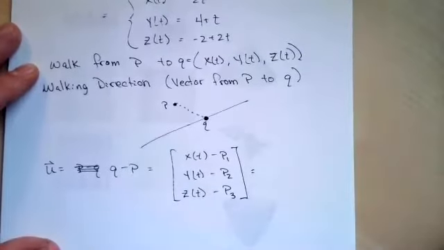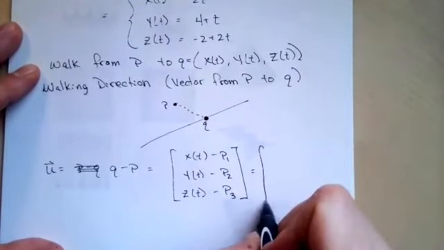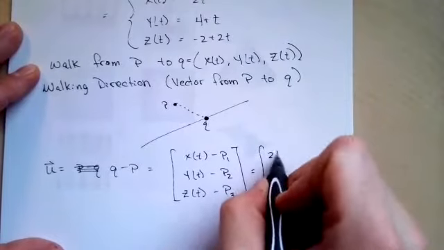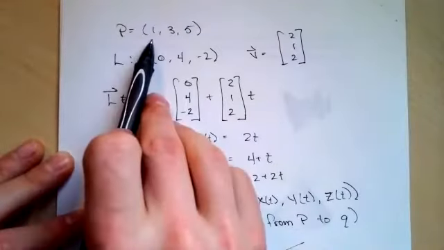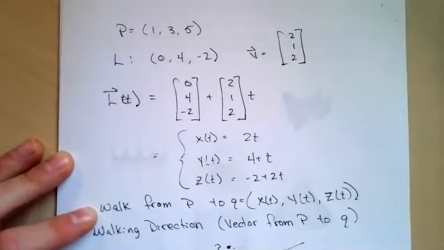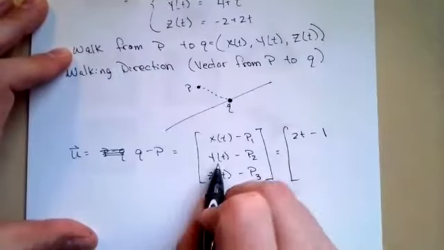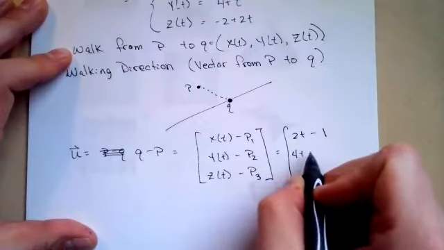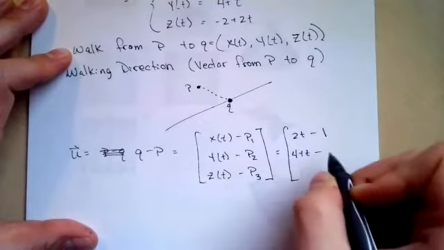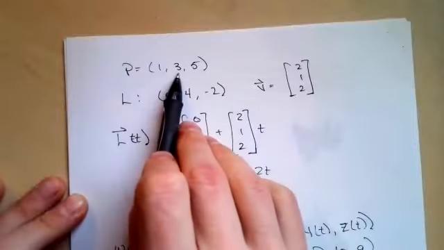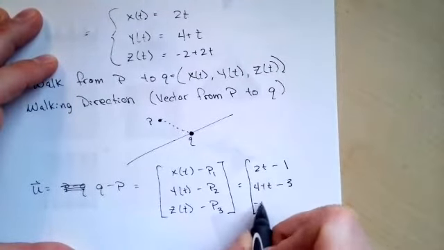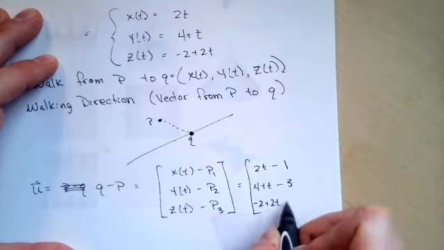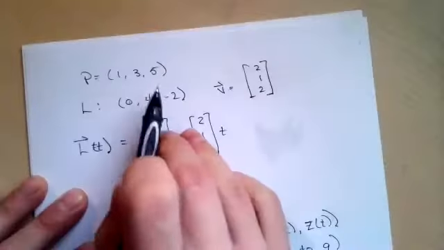And so since we have actual values for those, let's go ahead and plug those in. We've got 2t minus our P1, which is 1. For our y, we've got 4 plus t minus our P2, which is 3. And then our z, minus 2 plus 2t minus 5.